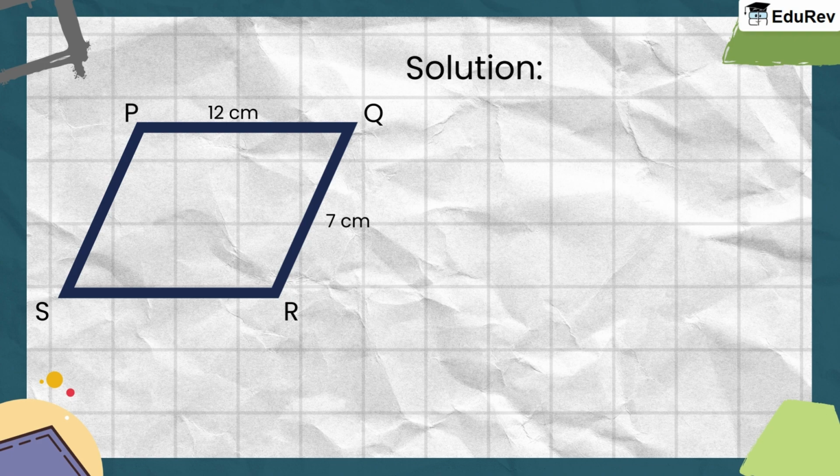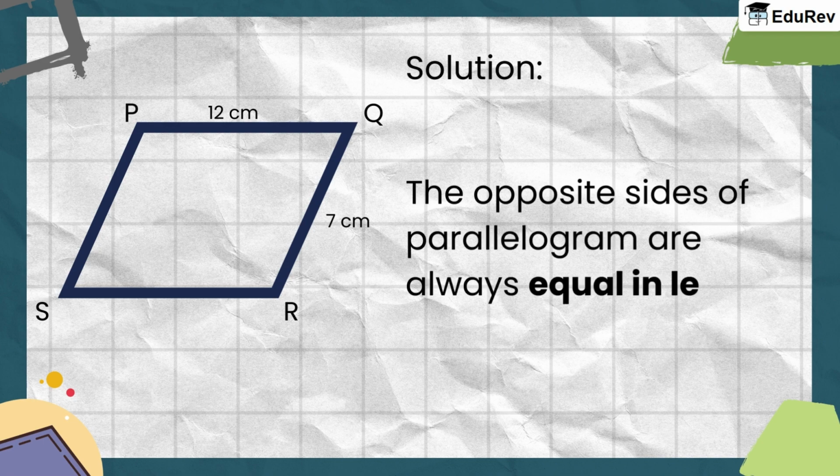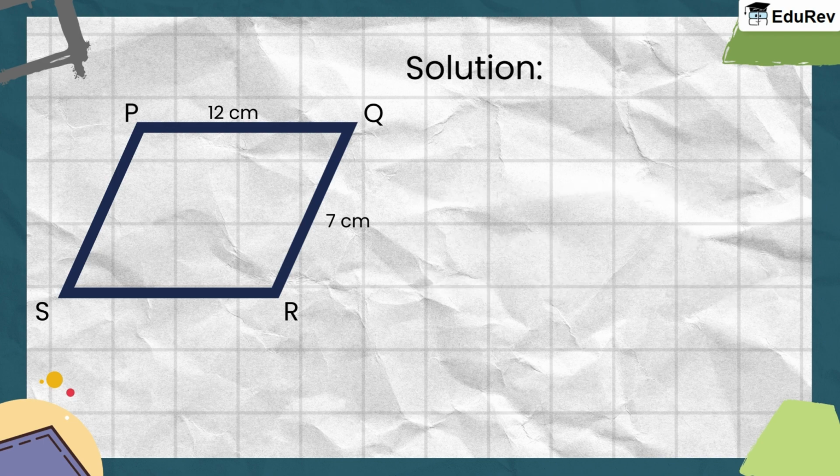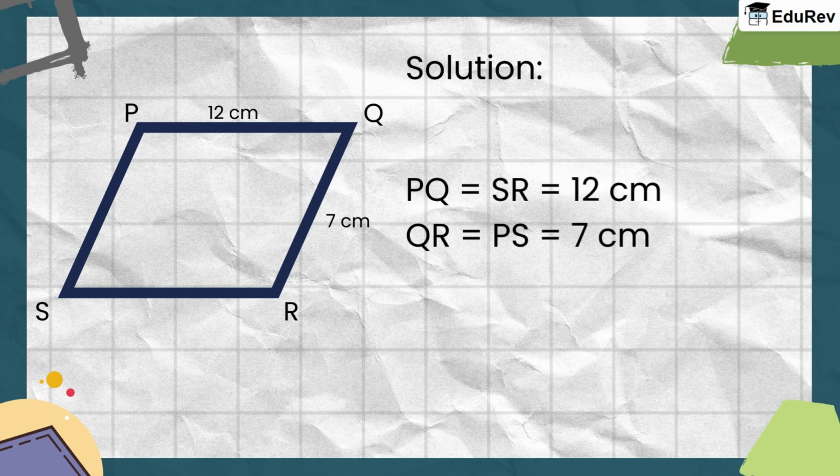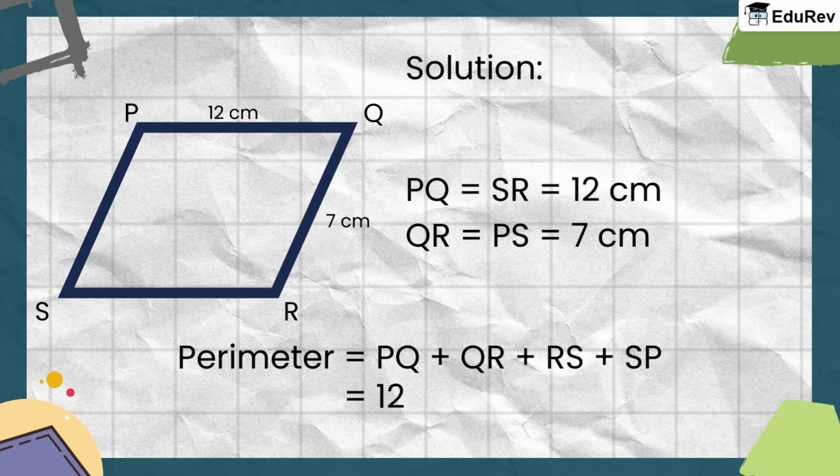To find out the lengths of the two unknown sides, we are going to use one of the properties of parallelogram, which says that the opposite sides of parallelogram are always equal in length. So, using this we find that PQ is equal to SR is equal to 12 centimeters and QR is equal to PS is equal to 7 centimeters. Now to calculate the perimeter, we add lengths PQ, QR, RS, SP equal to 12 plus 7 plus 12 plus 7, giving us the answer 38 centimeters.